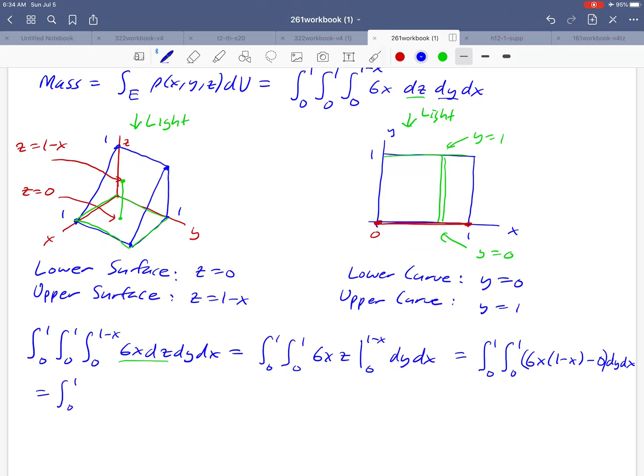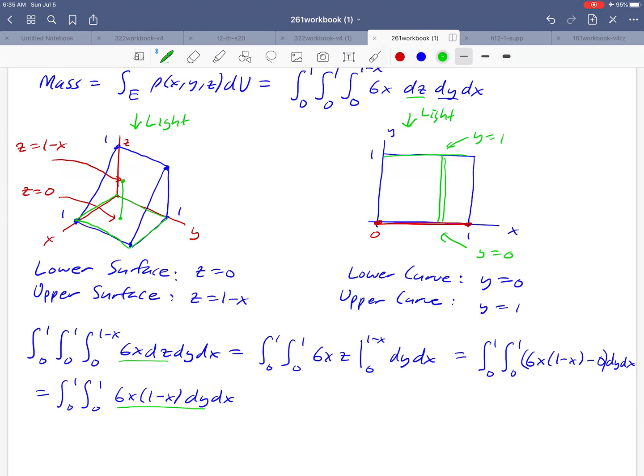All right, so let's see, what's this going to look like? We're really integrating just 6x times 1 minus x now, dy dx. And what's interesting is when we do the next integral dy, there are no y's in that function. So it's like we're integrating a big constant.